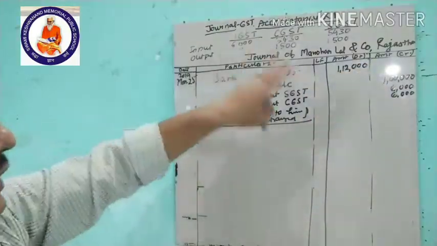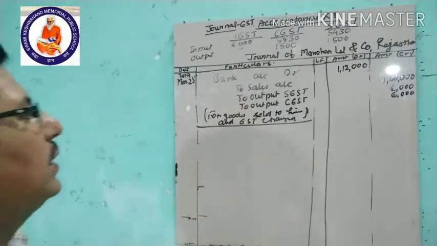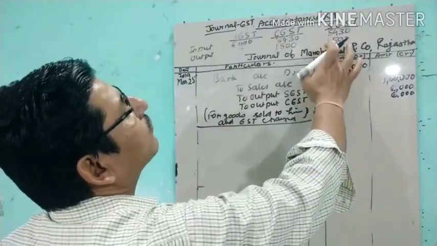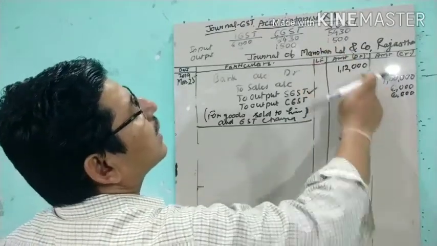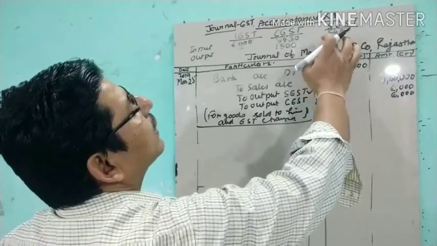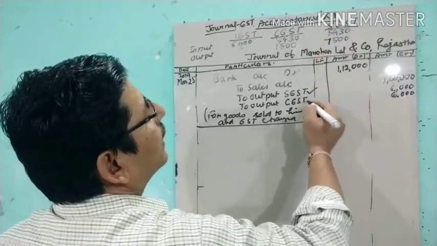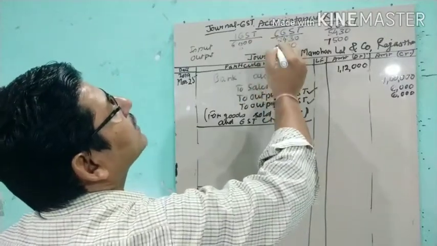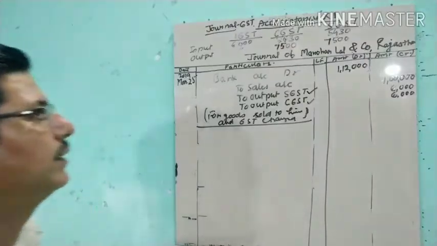This amount will increase. Now CGST and SGST will increase by 6,000 and 6,000. Output CGST here 6,000, SGST will increase by 6,000. When we add, 6,000 plus 1,500, so 7,500 has become, and SGST is 6,000, so output SGST will also increase by 6,000, so 7,500.